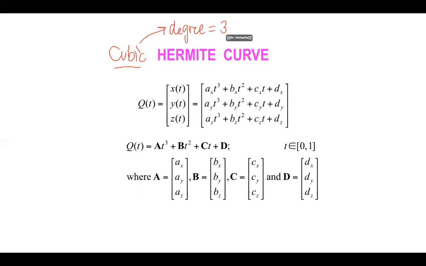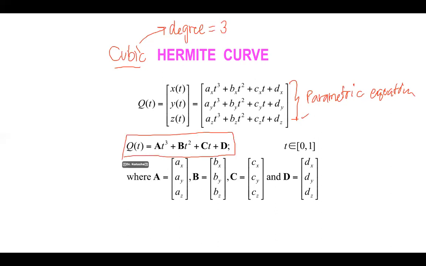So first of all, you have to define the parametric equation. But it is tedious to write down three lines in a row, so I use this shorter one: Q(t) = At^3 + Bt^2 + Ct + D. This is the general equation for the Hermite curve.